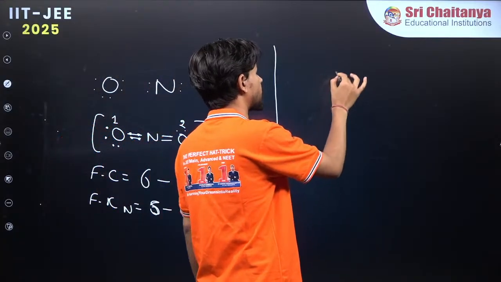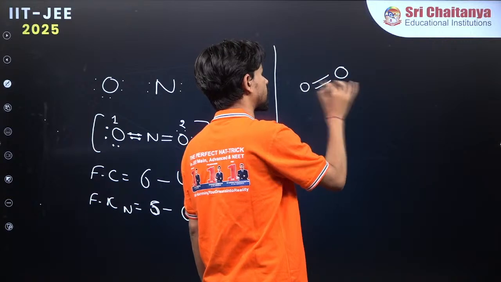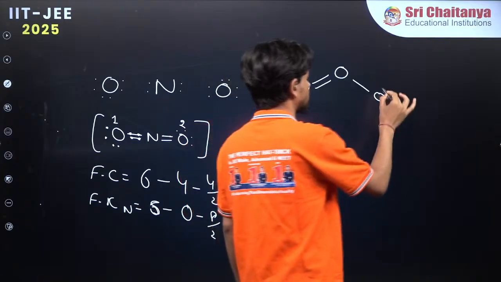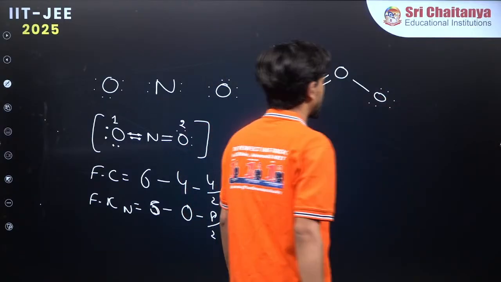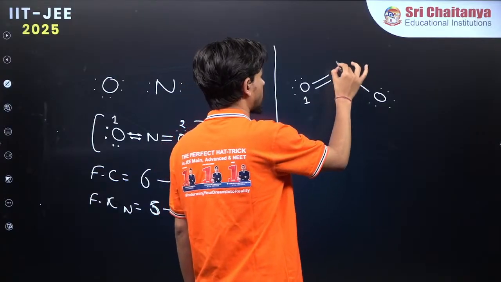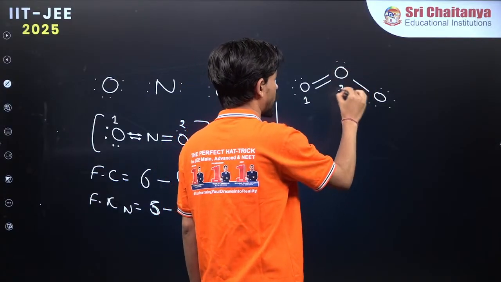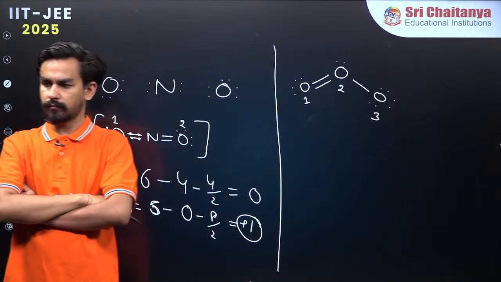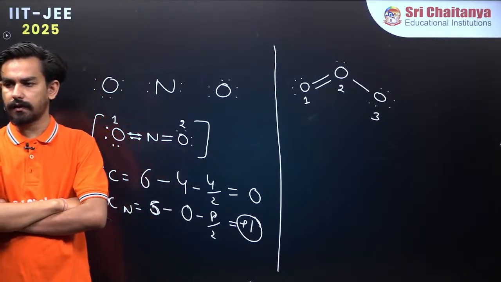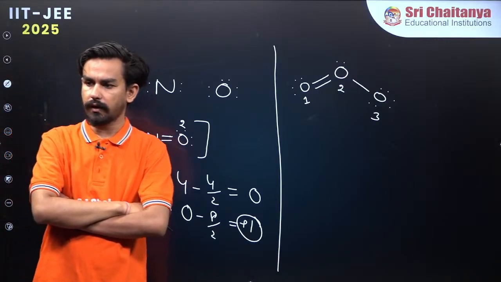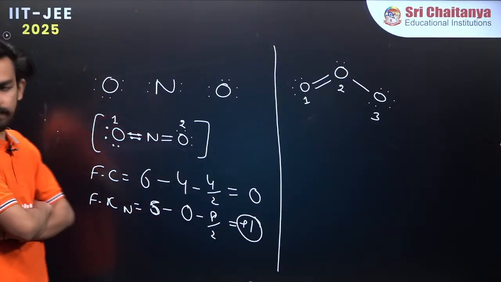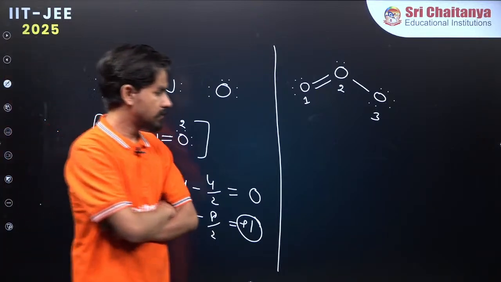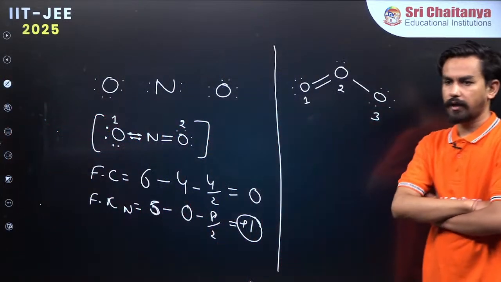Similar to that, if somebody asks you like this, tell me on oxygen number 1, oxygen number 2 and oxygen number 3, how much formal charge is there? Sir, could you explain it again? Okay. You try the example of O3, then I will explain it again. See this example and try to do it again, then I will tell it again.